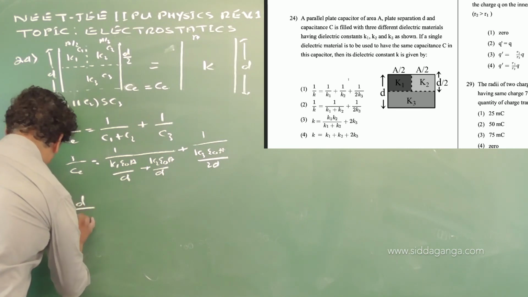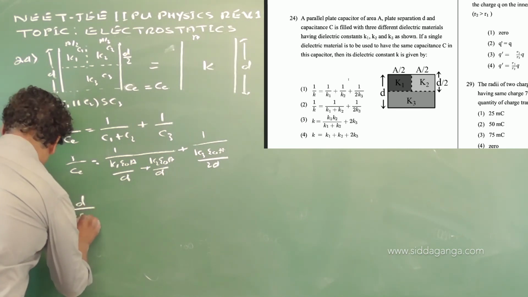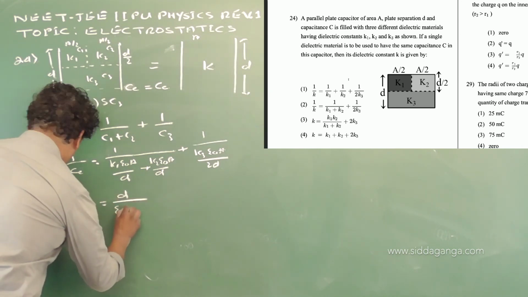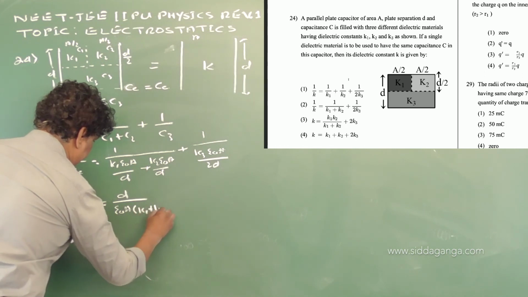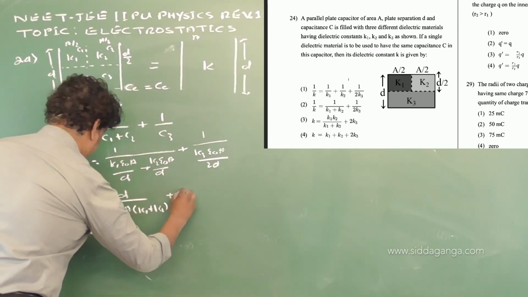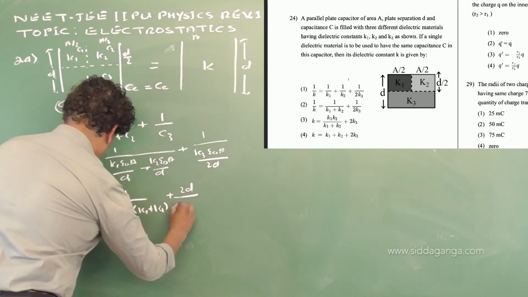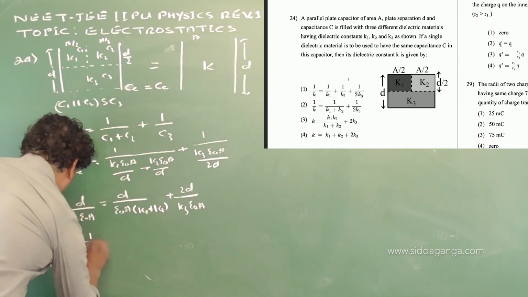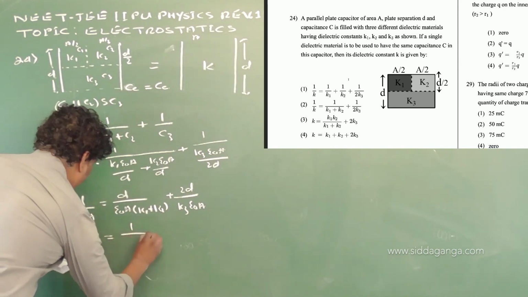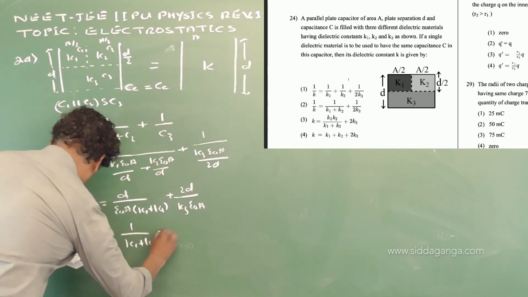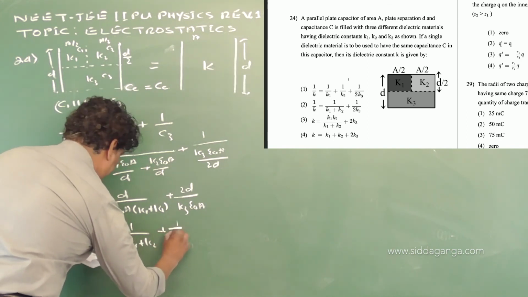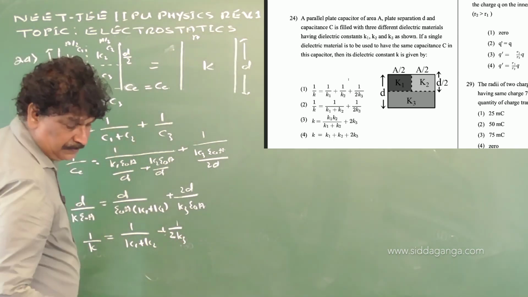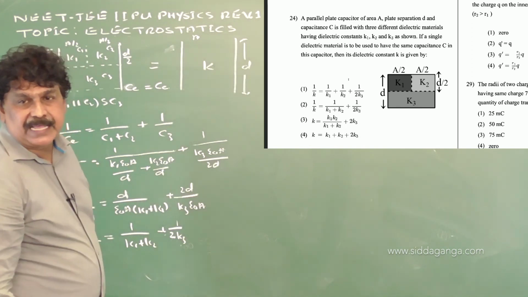Now D by K epsilon naught A is equal to D by epsilon naught A into K1 plus K2, plus 2D by K3 epsilon naught A, or 1 by K, taking common, is equal to 1 by K1 plus K2 plus 1 by 2 K3. So the final answer is 2.